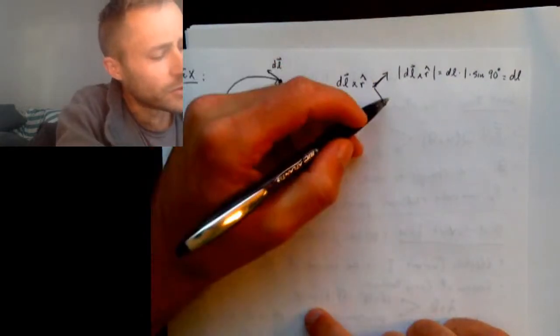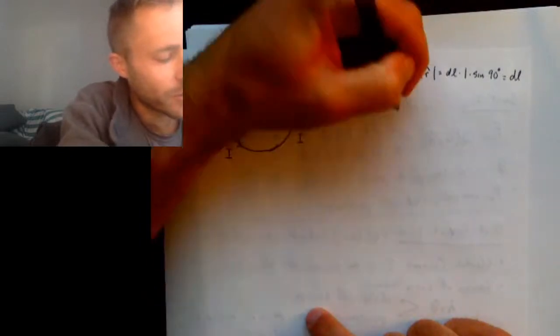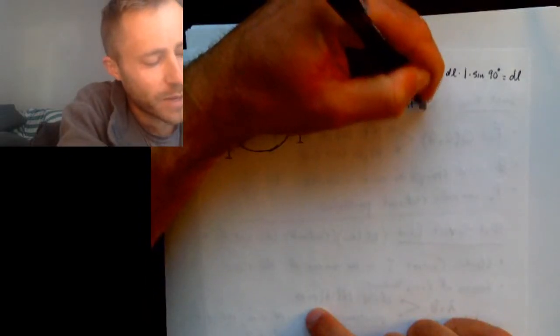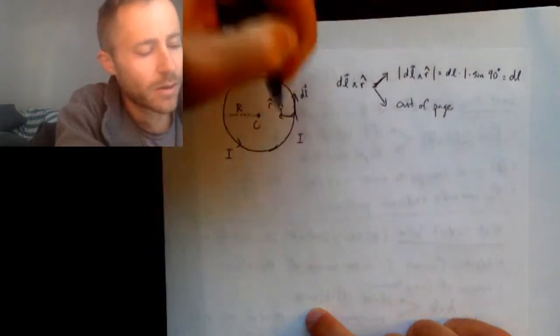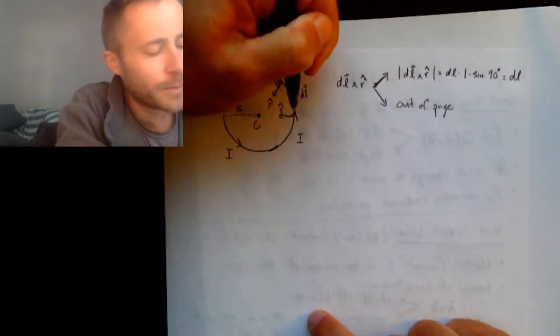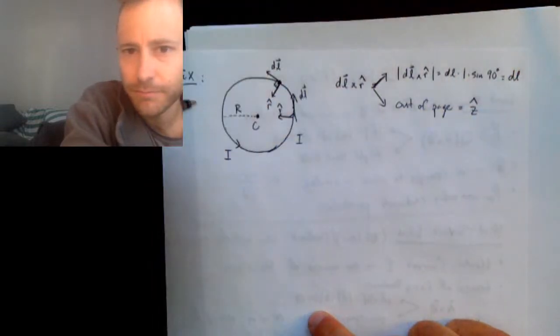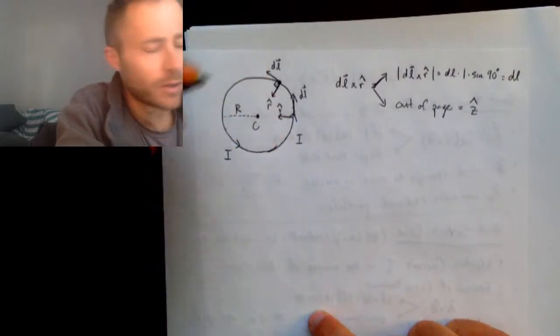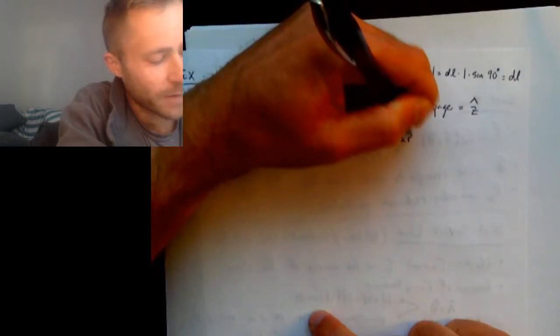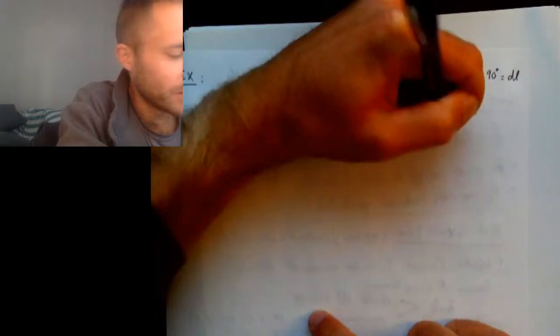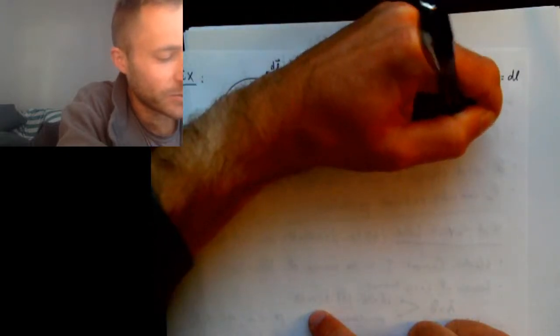So the direction is going to be out of the page, in the so-called z hat direction. We're going to call z hat out of the page. So that means that dl cross r hat is equal to the magnitude dl times z hat.